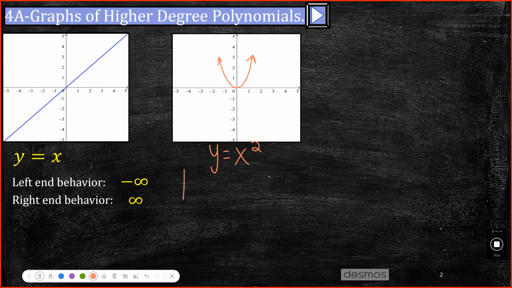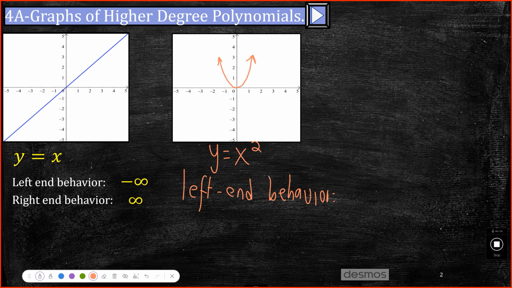So what's the left hand behavior? We're going to do left hand behavior and right hand behavior. That's a lot of writing. You know what?